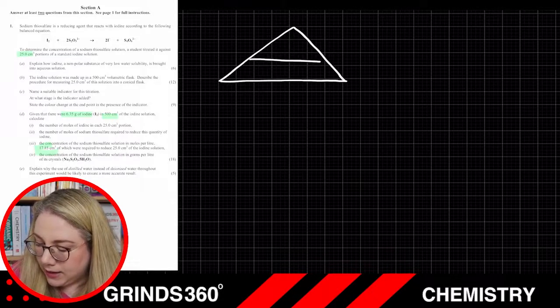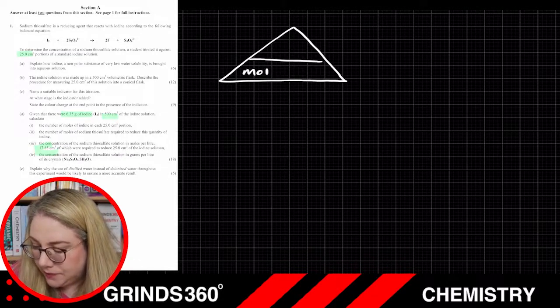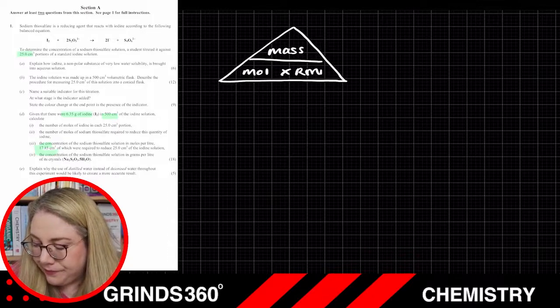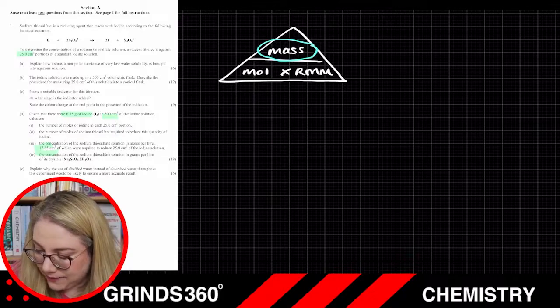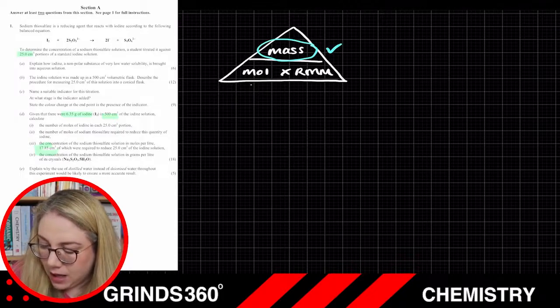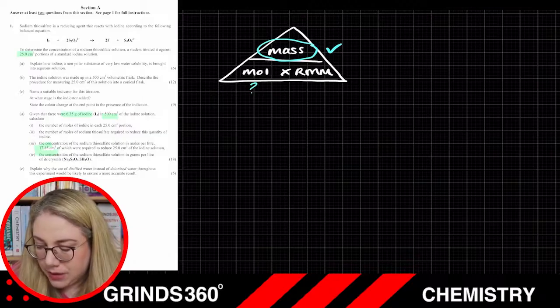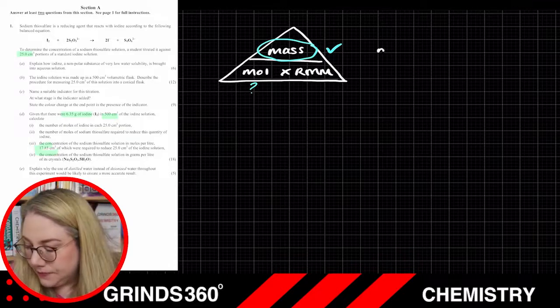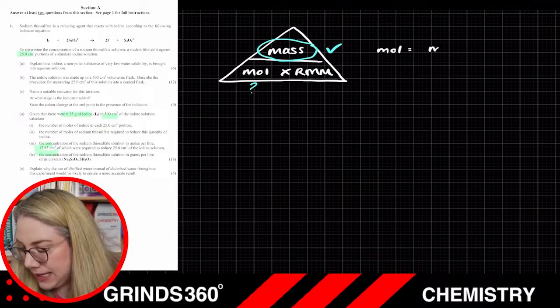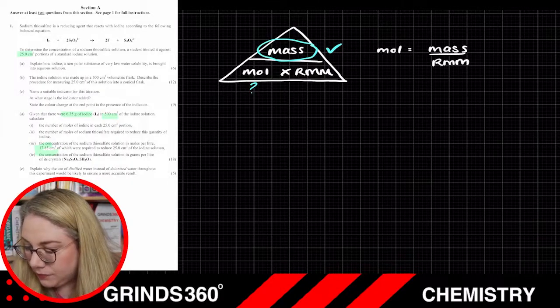Your moles triangle has moles, mass, and RMM. I have the mass, so I have this number here. I'm trying to find the moles, but in order to do that, I need the RMM. So to find the number of moles, that will be the mass divided by the RMM.